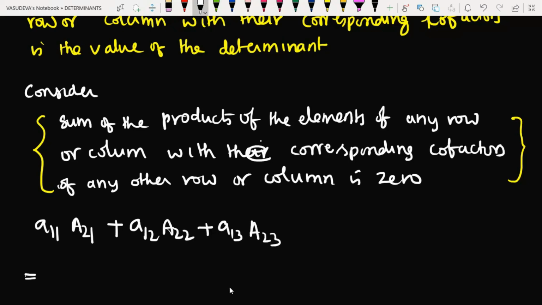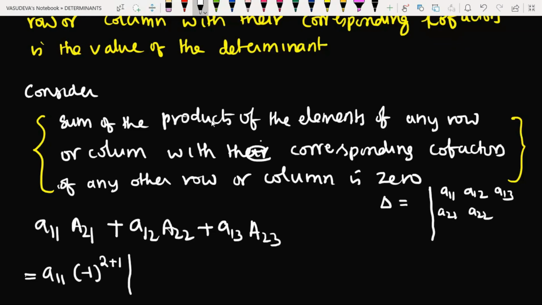Writing these elements, A11 into minus 1 to the power of 2 plus 1, the cofactor of the element A21. Here I am writing the determinant with A11, A12, A13, A21, A22, A23, A31, A32, A33.